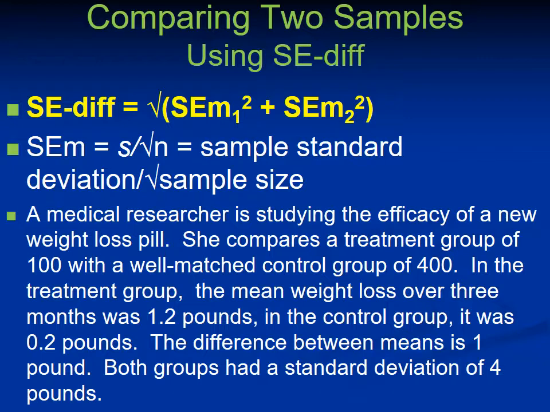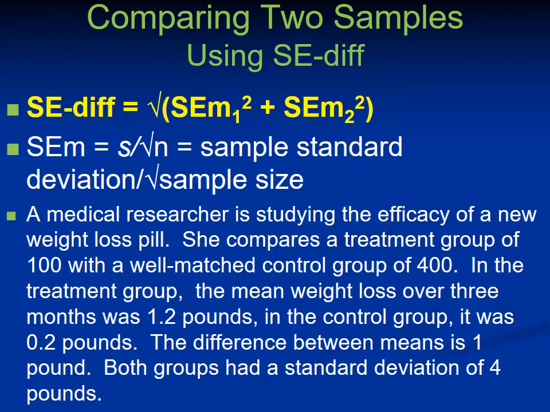In the treatment group, the mean weight loss over 3 months of the study period was 1.2 pounds. In the control group, it was 0.2 pounds. So the difference between the means of our samples is 1 pound. And I'm telling you both groups have a standard deviation of 4 pounds.